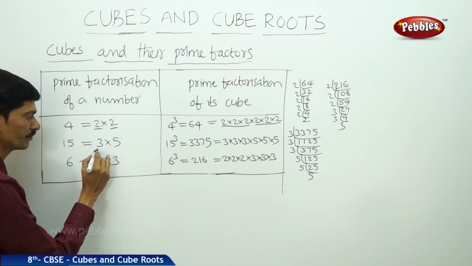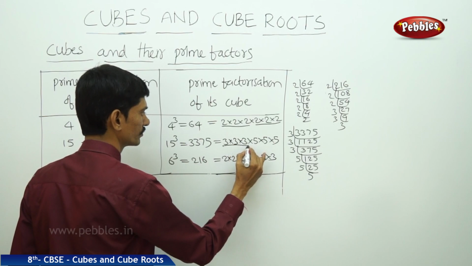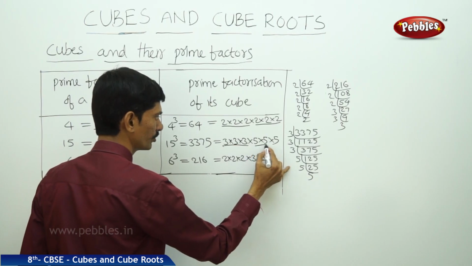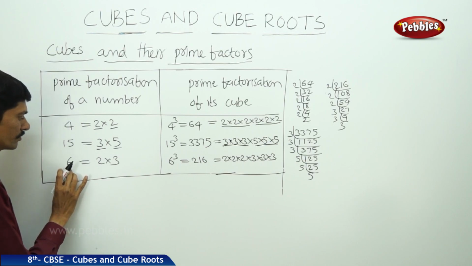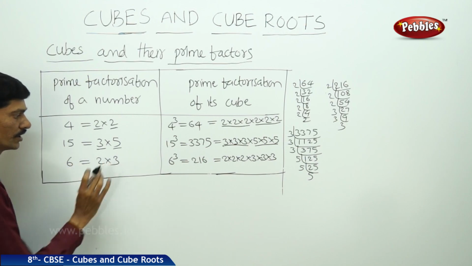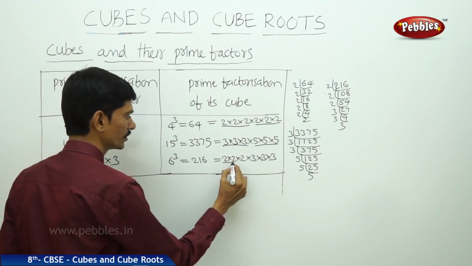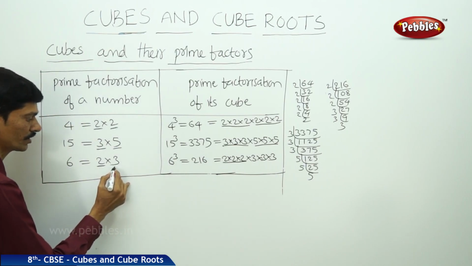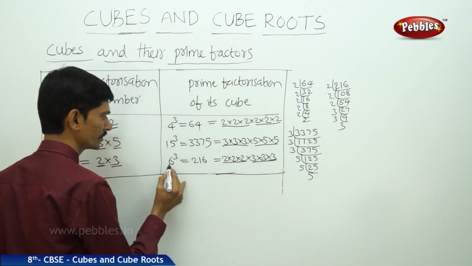The first prime factor 3 appears 3 times in the cube of the number and the second prime factor 5 appears 3 times in the cube of the given number. In the third case also, when you factorize 6, we get the two prime factors 2 and 3. So 6 can be written as 2 into 3. The first factor 2 appears 3 times in the prime factorization of 6 cube and the second prime factor 3 also appears 3 times.